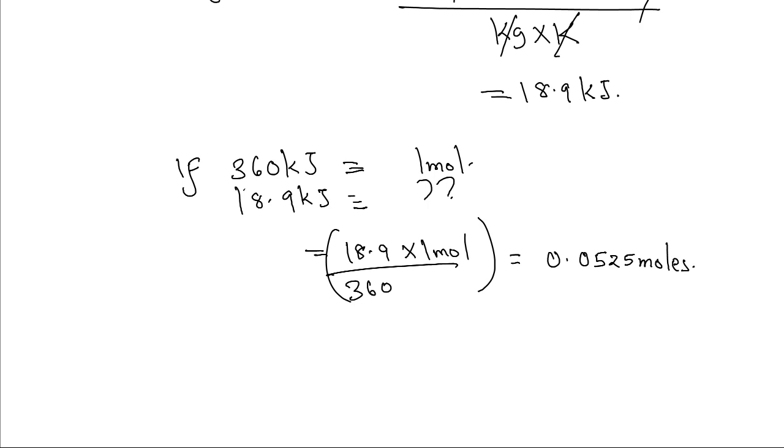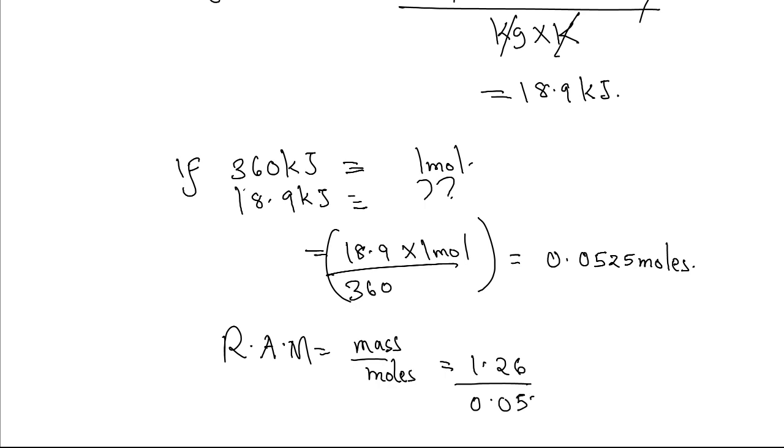So now recall RAM, that is relative atomic mass, will be mass over moles, giving 1.26 over the moles, that is 0.0525, and that eventually gives, if we divide well, 1.26 divided by 0.0525, exactly 24 grams.